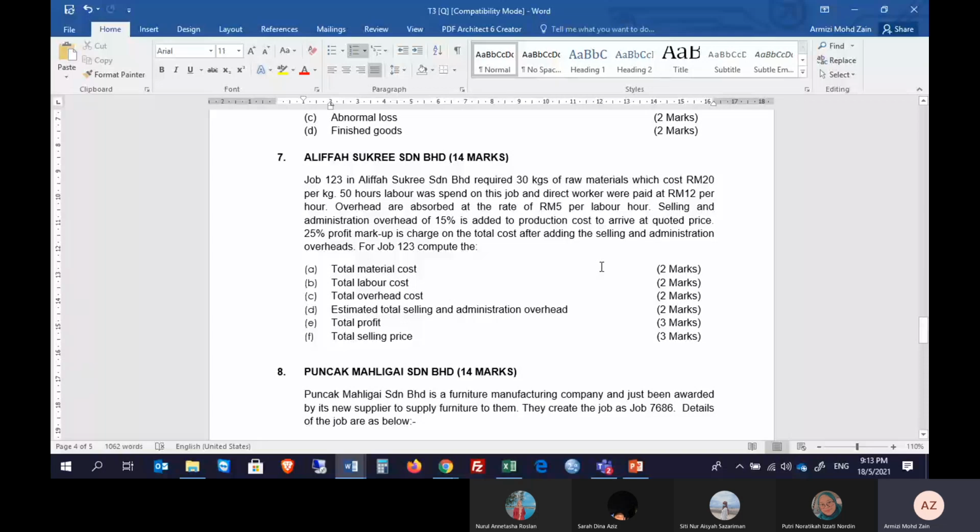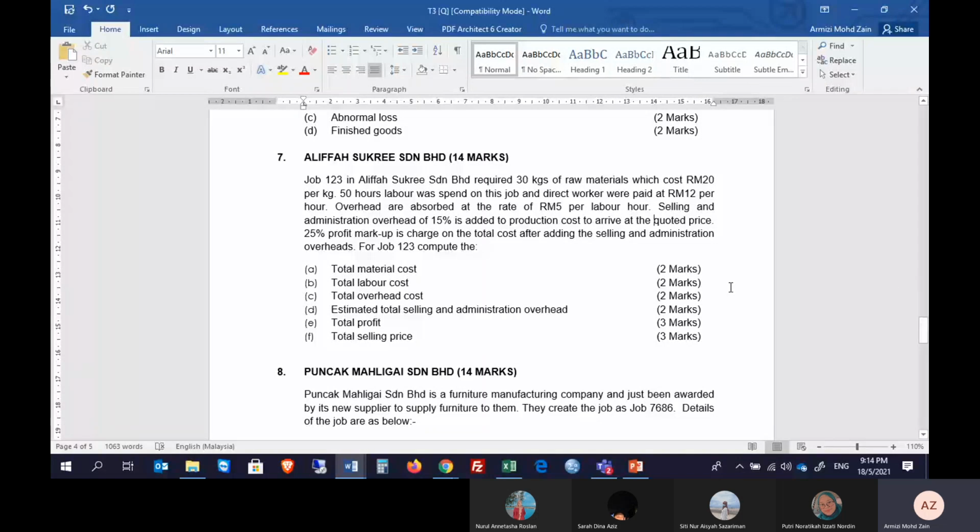Selling and administration overhead of 15% is added to the production cost to arrive at the quoted price. 25% profit markup is charged on the total cost after adding the selling and administration overhead. For job 1 to 3, compute the total material cost, total labor cost, total overhead cost, estimated total selling and administration overhead, total profit and total selling price.